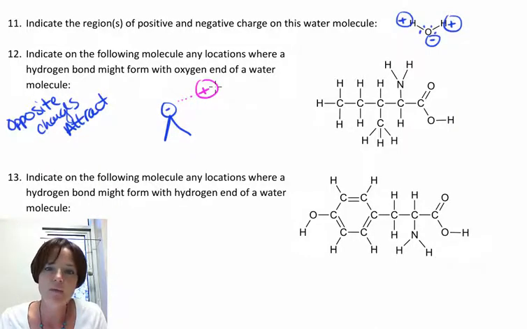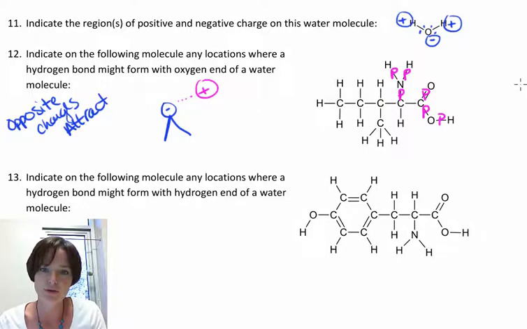And so for that to happen, we need to have some other polar covalent bonds in there that are going to create little areas of positive charge. So if I go through here and label my polar covalent bonds, the same way we did on previous questions, this would be a polar covalent bond. So with this one, this, and here. Okay, so that's the first step, label all the polar covalent bonds.